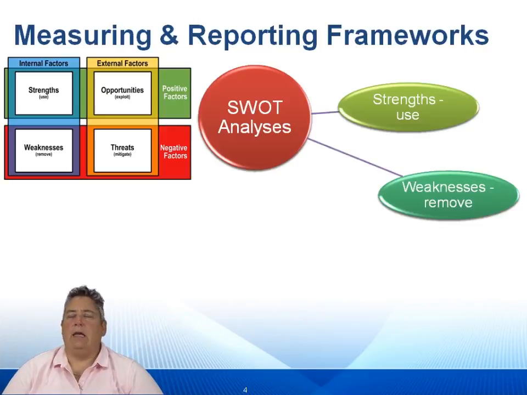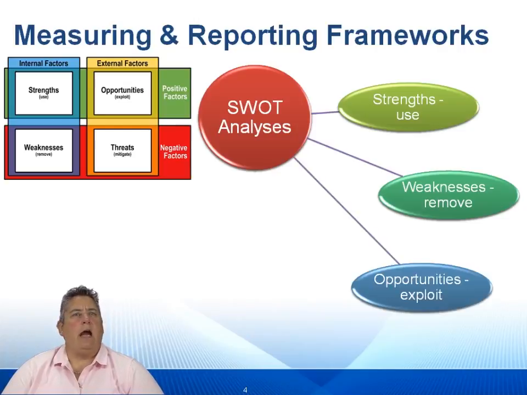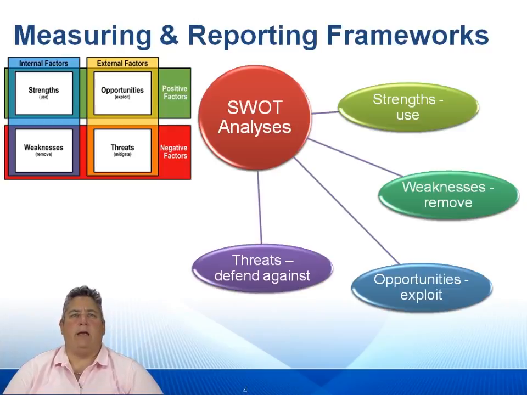Weaknesses, again, an internal factor that would be a negative. These are weaknesses that we would want to mitigate or remove. Then the opportunities, external factors that are positive. These are things that we would want to exploit. And then lastly, we have threats, which are external and negative factors that we would want to defend against.